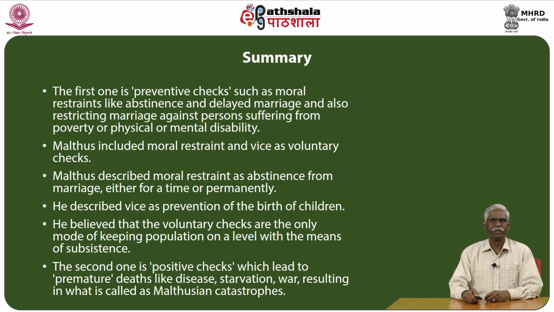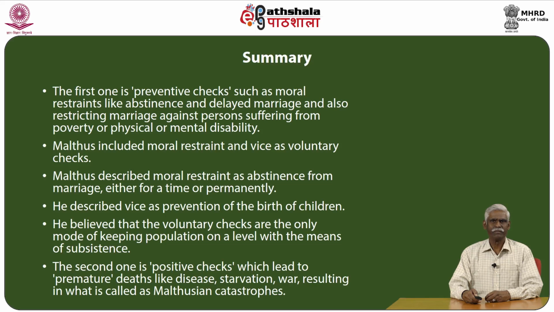Malthus believed that voluntary checks are the only mode of keeping population on a level with the means of subsistence, because he was of the view that by adopting voluntary checks, the population would be stabilized at a level equated with the level of the means of subsistence.